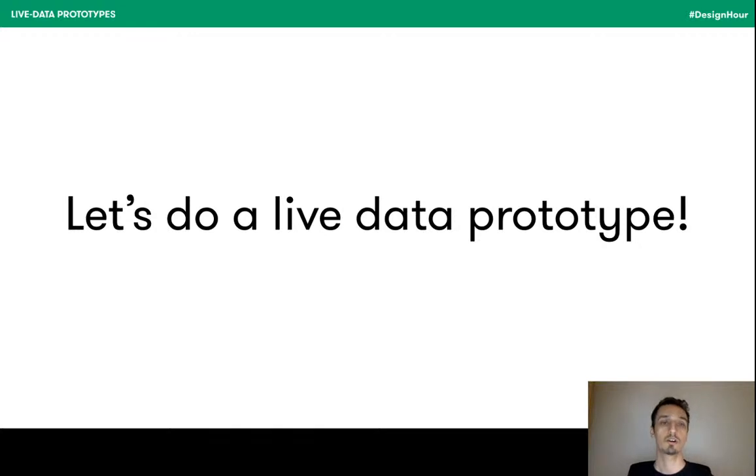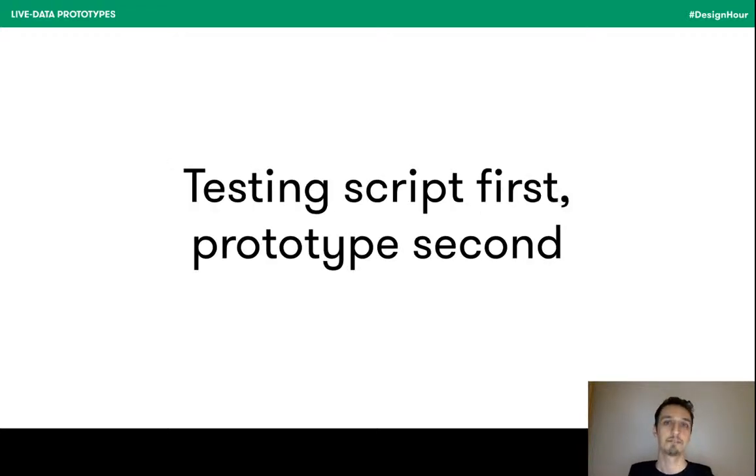What we did was that we wanted to build a prototype with some changes. And before we did that, we actually went and made the testing script first so that we knew what exactly to prototype. Because with these live data prototypes, as I said, you need the help of developers, and their time is costly, and you want to minimize that time.